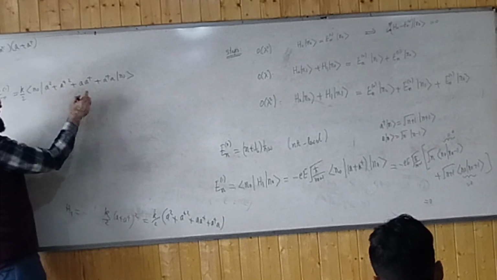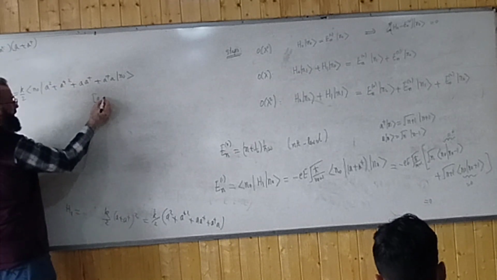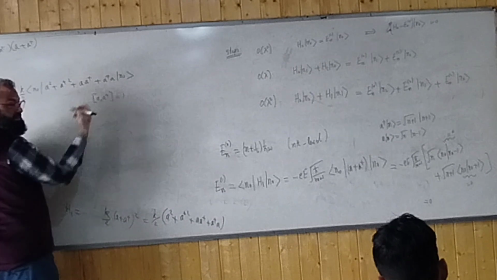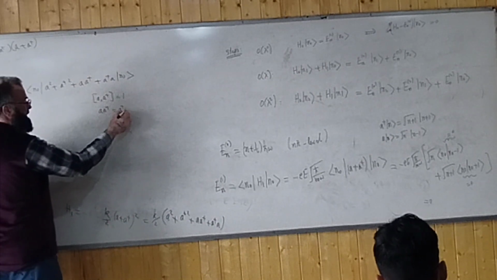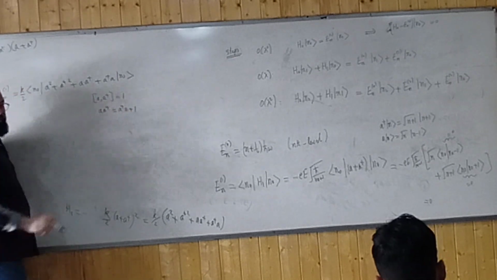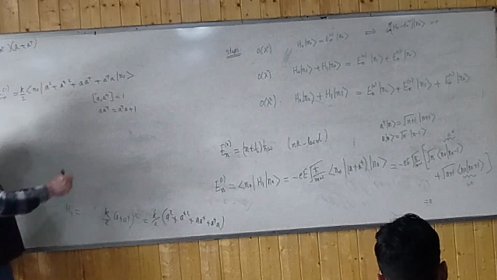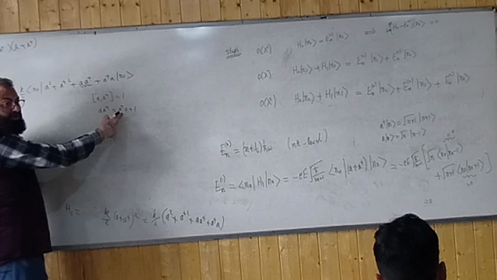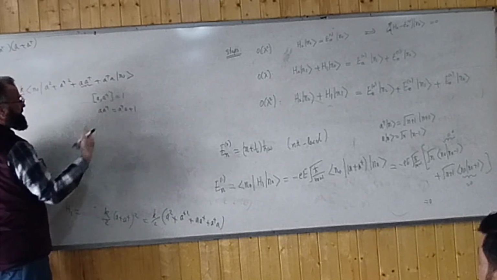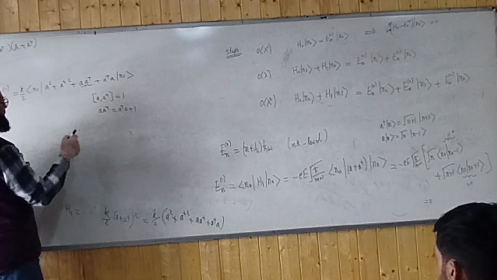Look here. You know a a dagger is equal to identity. So it means a a dagger is the same as a dagger a plus 1. Got it? So if you use this in terms of a dagger a, because this is a number operator, it will give the number of the nth level of the problem.